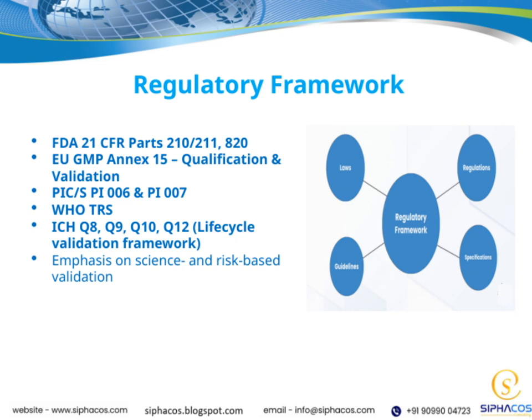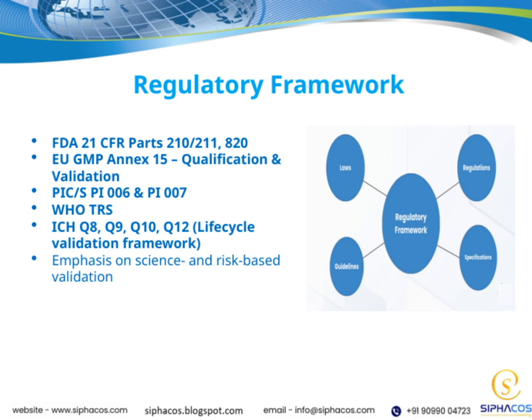Then, there are the PICS guidelines, PI 6 and PI 7, which promote harmonization of good manufacturing practices and validation standards internationally. These help us align our practices with global expectations. We also consider the WHO Technical Report Series, which provides guidance to ensure quality in pharmaceutical production worldwide, especially in developing regions.